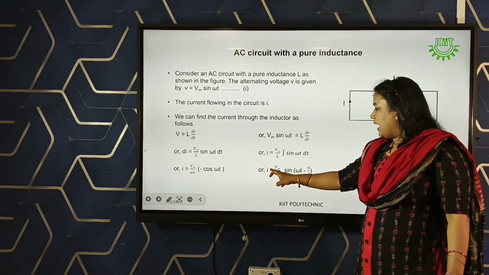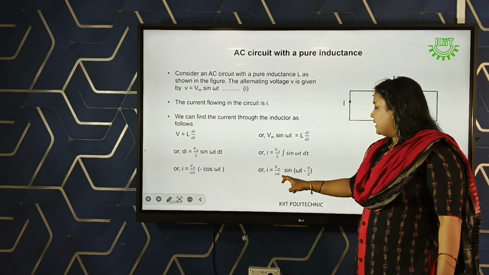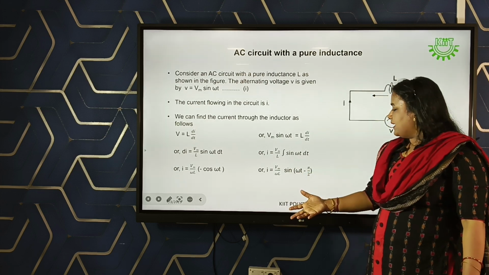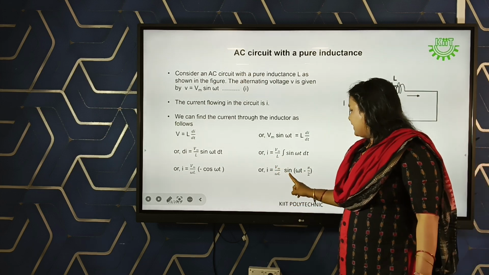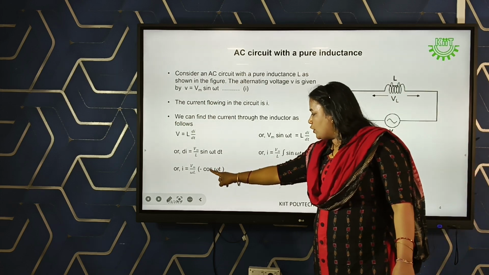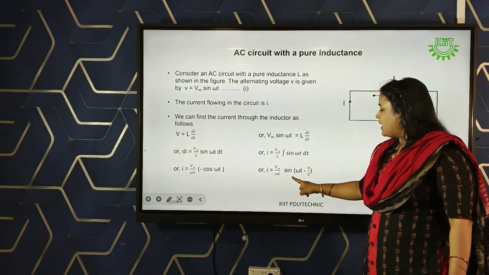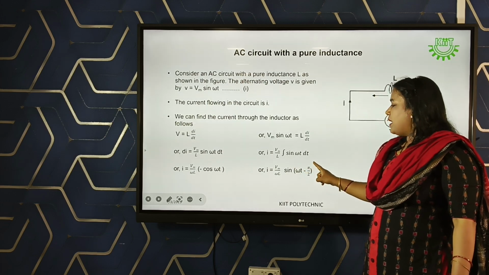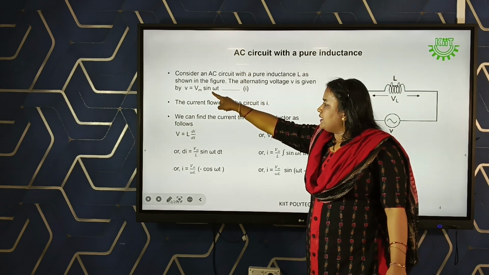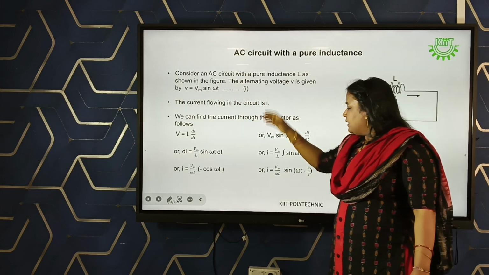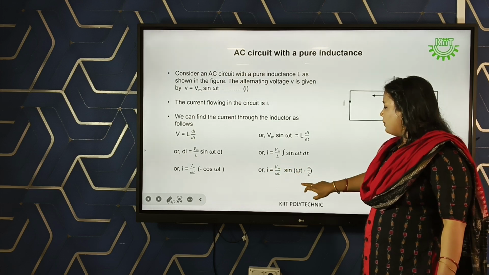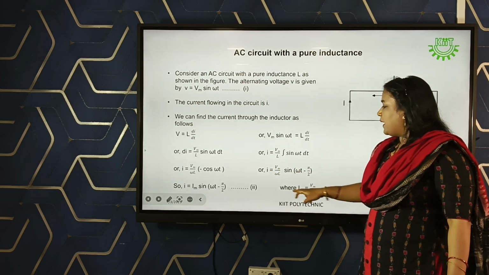So our equation I will be equal to Vm by omega L, and again represented in terms of sin, we can write sin omega t minus pi by 2. Why? Because minus cos omega t can be represented as sin omega t minus pi by 2. Previously we got the voltage V is equal to Vm sin omega t, and now we got I equal to Im sin omega t minus pi by 2.